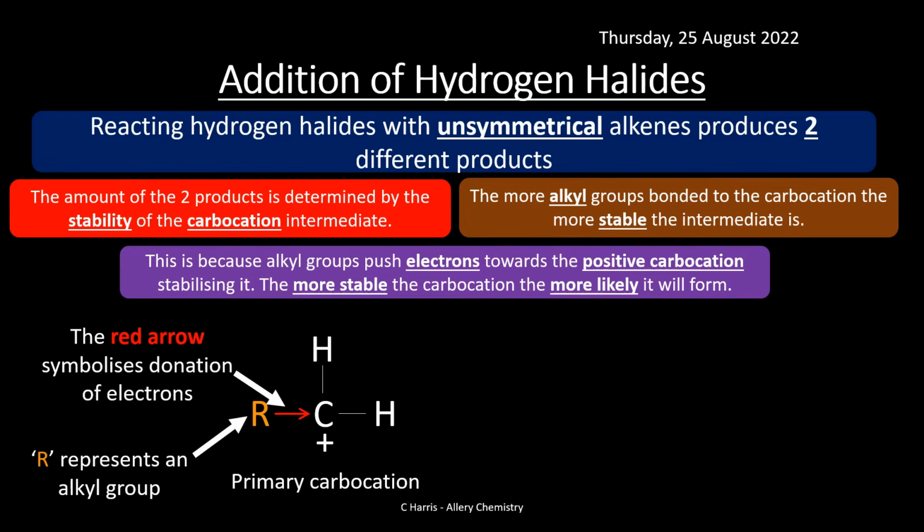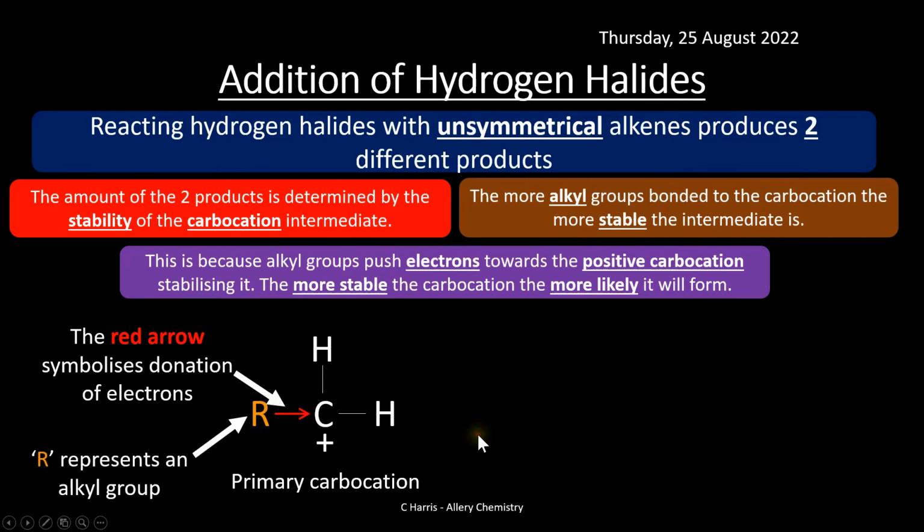So here we've got a primary carbocation. So the carbocation is bonded to one methyl group, and you can see it on there. Okay, so the red arrow basically denotes the donation of electrons towards this carbocation, which is the unstable bit here. The R obviously represents the alkyl group.